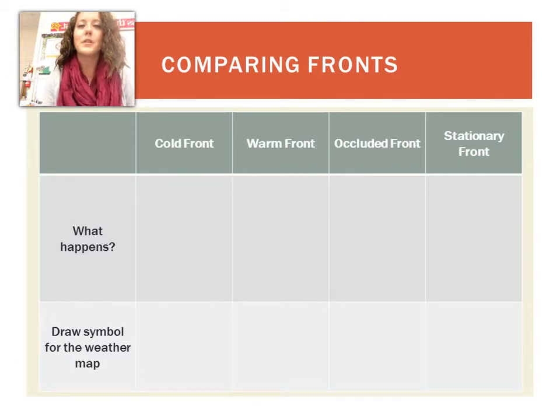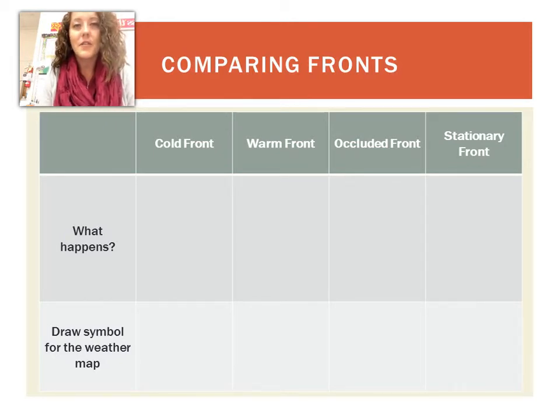Then we have an occluded front with three different air masses. We have two cold air masses coming together and pushing up a warm air mass between the two because it would rise above the two of them. And when you see this on a weather map, you'll see a purple line that has alternating purple triangles and semicircles, also pointing in the direction that the occluded front is going.